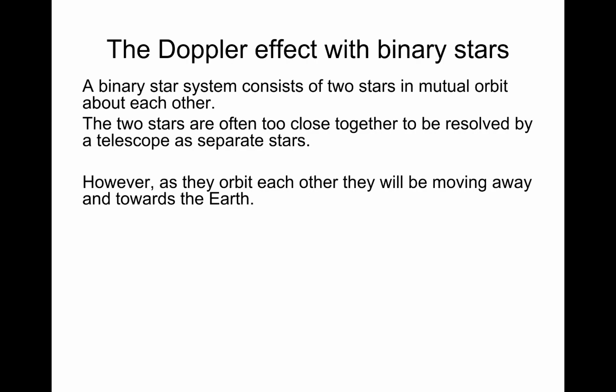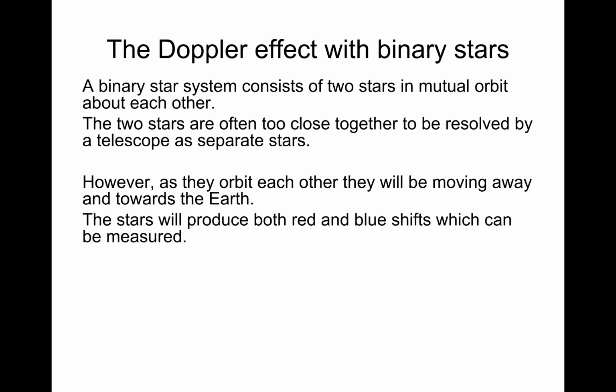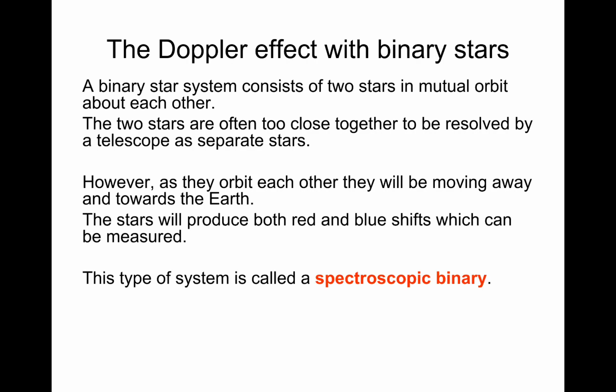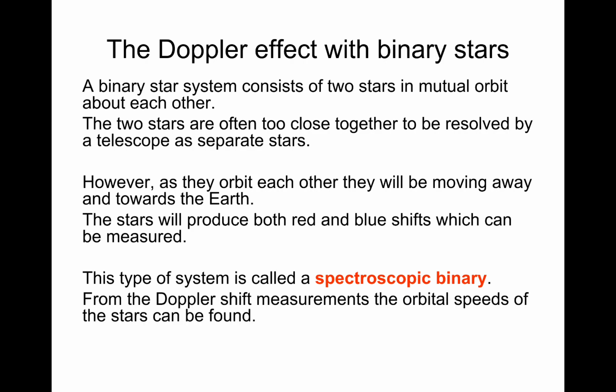So you'll get blue shift and red shift simultaneously, which can be measured. This type of system is called a spectroscopic binary. From the Doppler shifts, the orbital speeds of the stars can be found, and also their radius of orbit.